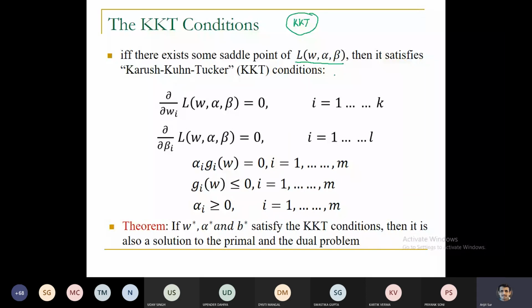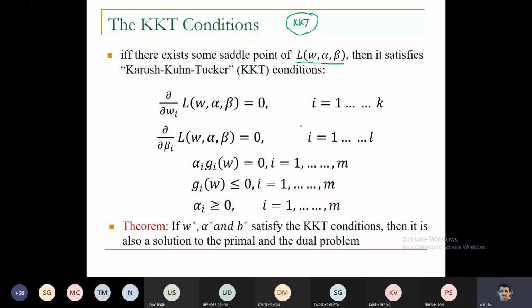What is this condition? The partial derivative with respect to w_i of L(w, alpha, beta) is equal to 0 for i equal to 1 to k, and the partial derivative with respect to b_i of L(w, alpha, beta) is equal to 0 for i equal to 1 to l.